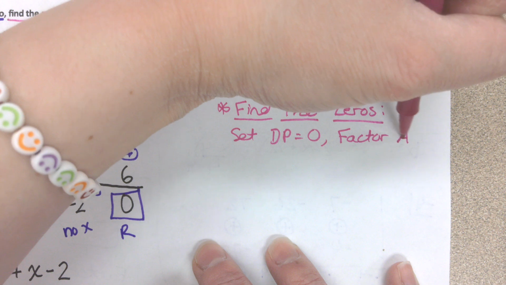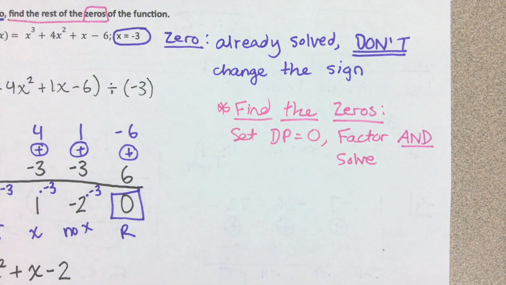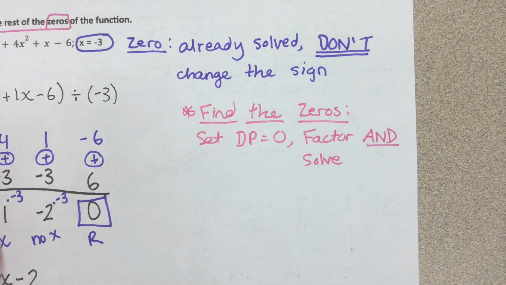Factor and solve. We go a step further on this problem. So on this problem, if you just factor like we did on the previous two, you would lose a point because you didn't go far enough.